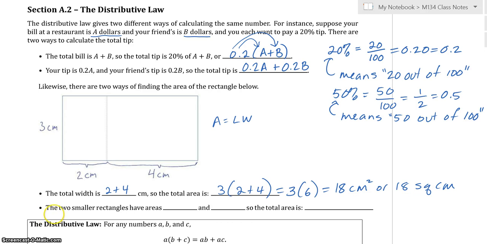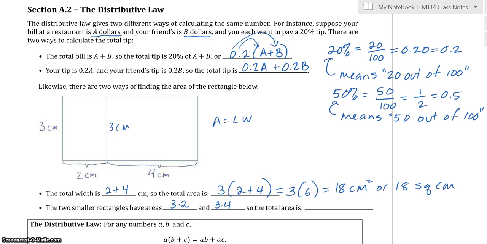Or we could calculate the area of the two smaller rectangles. So let's see, the first one we know is right here, this rectangle, which is 3 times 2. And the second one, we know this is 3 centimeters by 4, so that's 3 times 4.